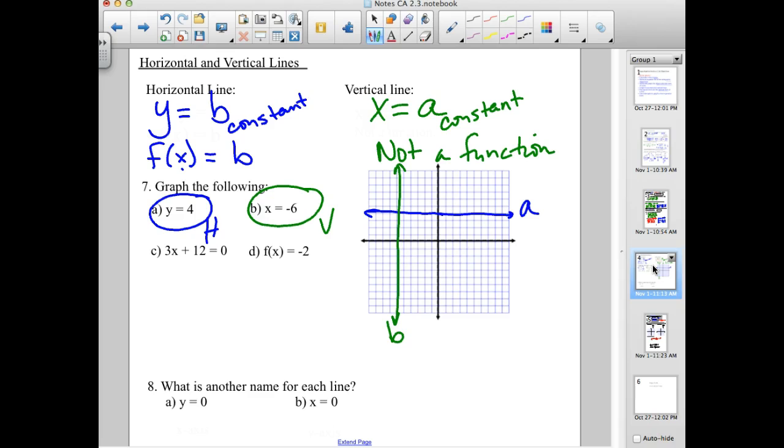Could we simplify and solve for that x? All right, let's subtract our 12 over, so 3x would equal -12, and then x would be -4, which turns it into what kind of line? Vertical again? All right, x is -4.